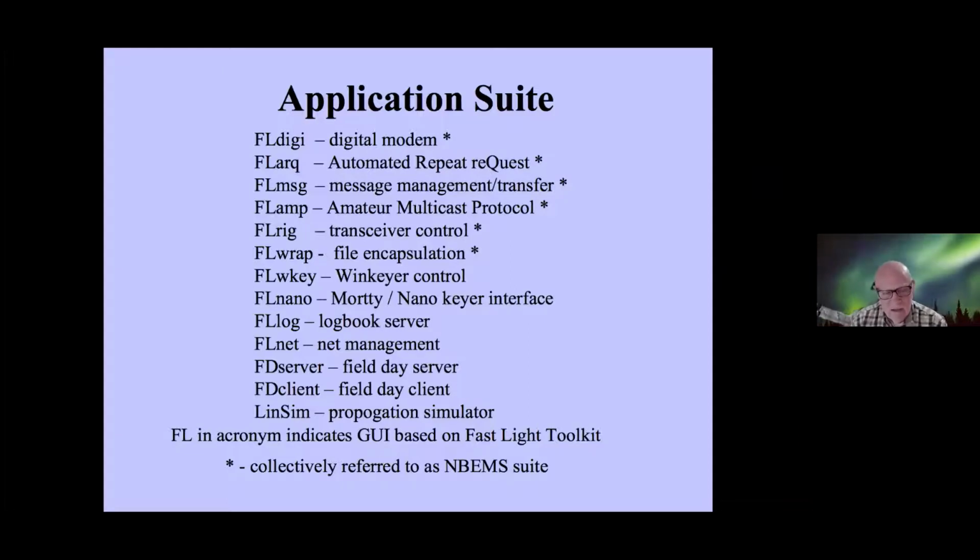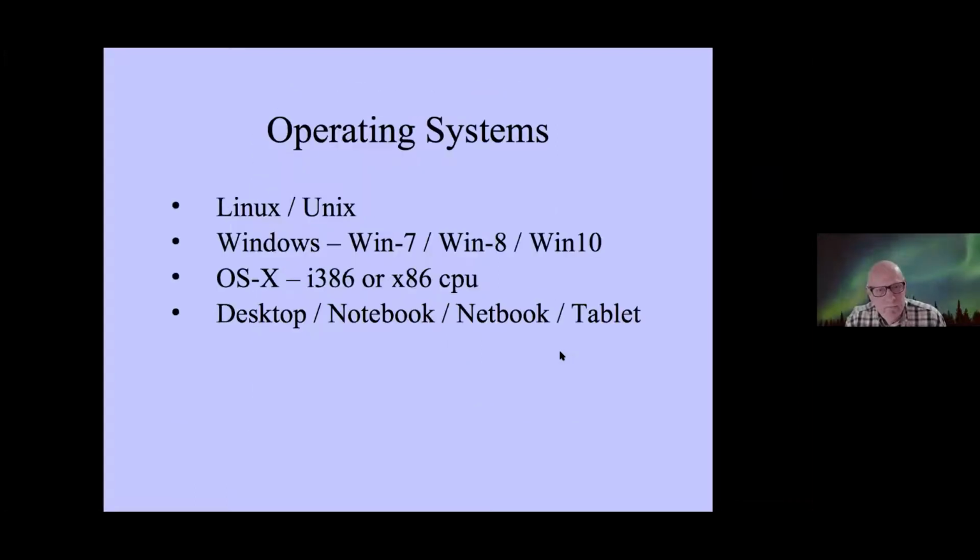And finally, something called LinSim, which is a takeoff from a program called PathSim, which you may or may not be familiar with, and it's a propagation simulator. The ones that have the asterisks are collectively referred to as the narrowband emergency communication system or messaging system.